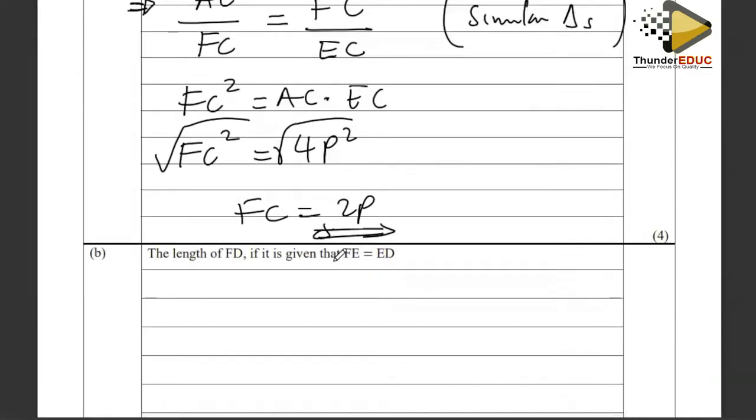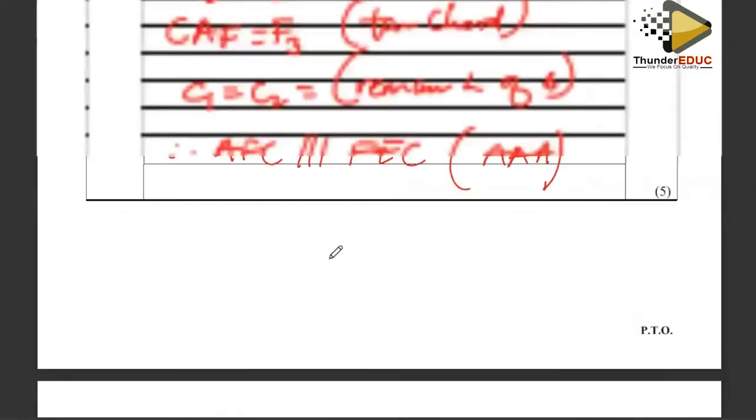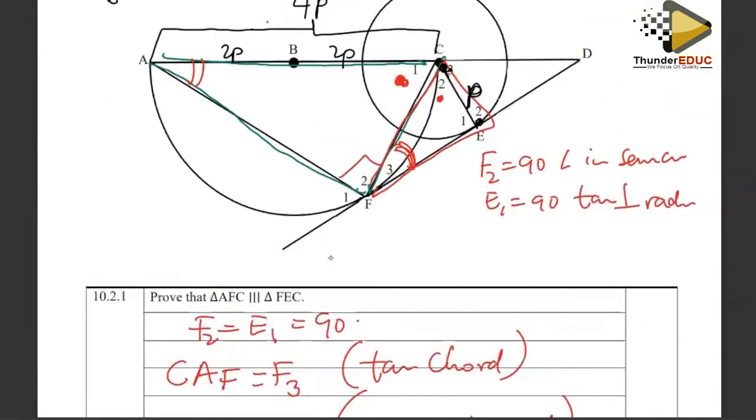All right. Then part B, they're telling us that they want the length of FD. Okay, they want the length of FD. If FE is the same as ED. If FD, they want the length of FD. If this distance is the same as that distance.